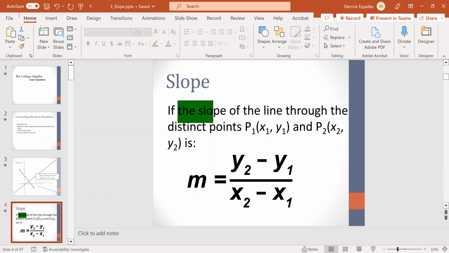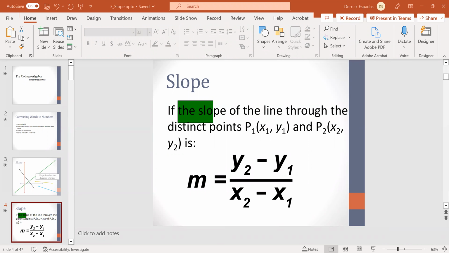We went over how to assign x1, y1 for one point and x2, y2 for the other. I would literally write that down as a step so you're not making a mistake putting that in. Our formula is y2 minus y1 over x2 minus x1.